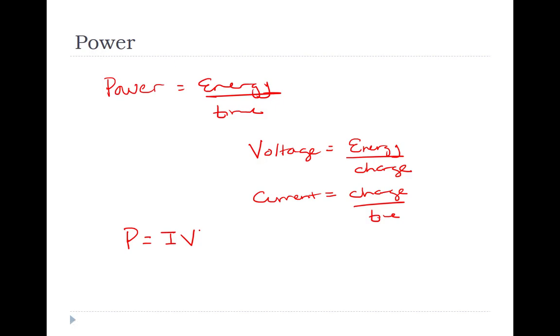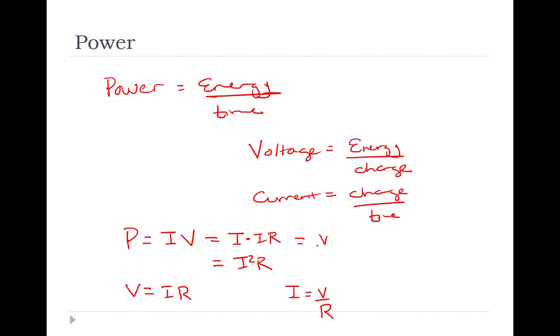The other thing that I have is Ohm's law, which tells me V equals IR. If I plug in Ohm's law for voltage, that gives me an alternate form for electric power: current times resistance times current, or in other words, I squared R. Or I can rearrange Ohm's law so that current equals voltage divided by resistance and plug that in.